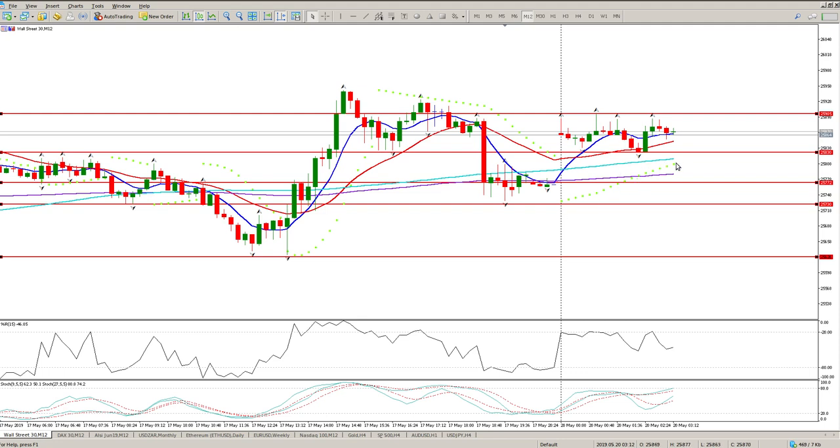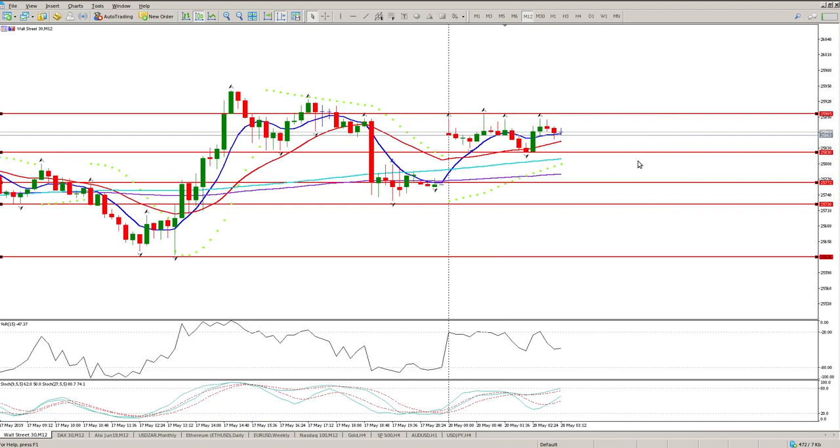Parabolic SAR is also showing that the trend is up, but these levels are fairly strong. So for me, this is top of range, almost top of range actually. So we need to break above these two fractals here before I even start looking at it. Okay, so that's the way I'm going to look at this morning.